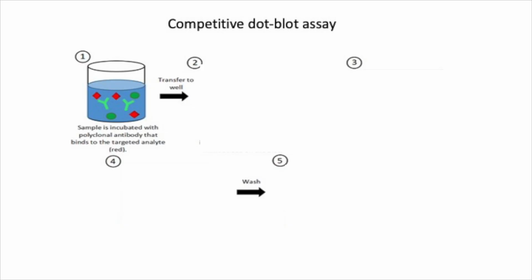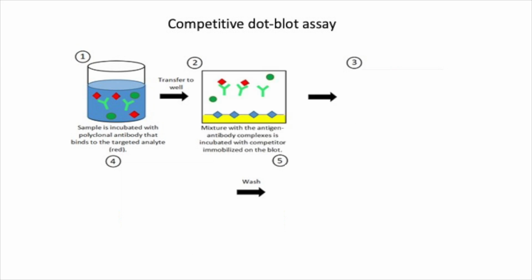The competitive Dot-blot assay that we have developed is an easy assay. The assay consists of 5 steps. Firstly, the antibody is incubated with the sample to allow primary binding of the antibodies to form antigen-antibody complexes. Then, the blot, where the protein has been immobilized, is added into the mixture.